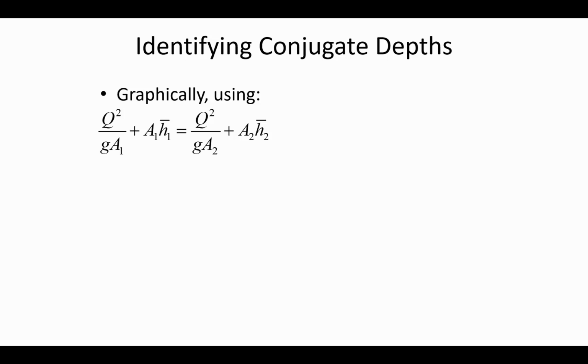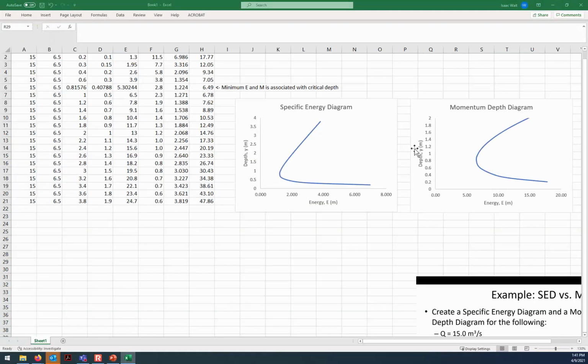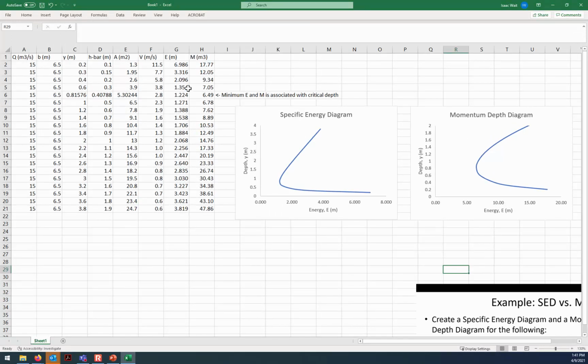So conjugate depths are those depths that have the same amount of momentum but different depths. We've just calculated the momentum function here, and there are two different depths that have the same amount of momentum. For instance, this is almost 10, so what would it take if we did like 0.38? That's getting closer, 0.37.